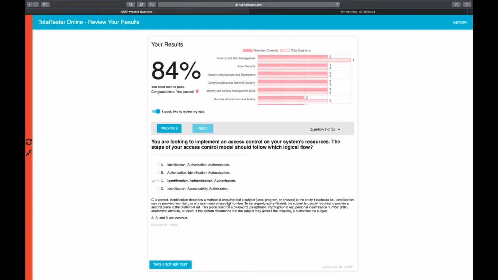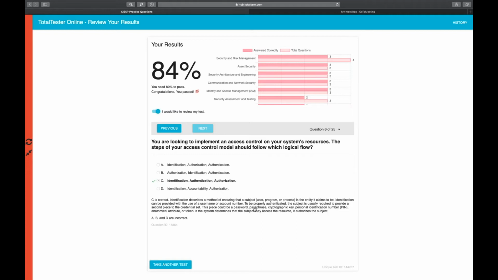Identification describes a method of ensuring that a subject is the entity it claims to be. I don't like that statement. Authentication does that. Identity is when you claim who you are. It goes on to say identification can be provided with the use of a username or account number.